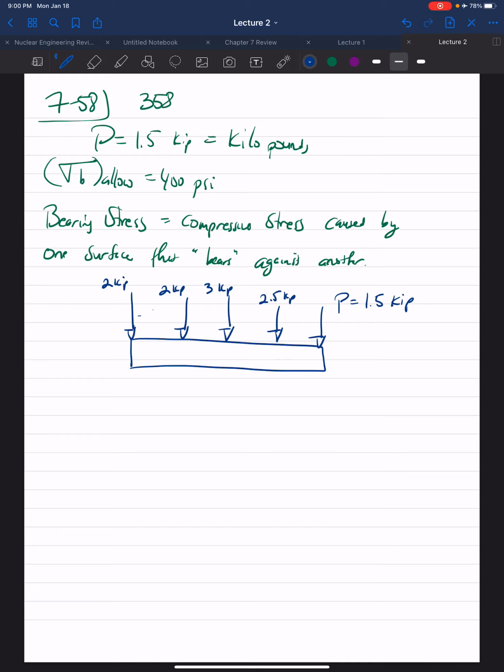This distance here is 5 feet, 5 feet, 5 feet, and 7.5 feet. You have your AY, your support there, vertical, and say your BY, your support here.